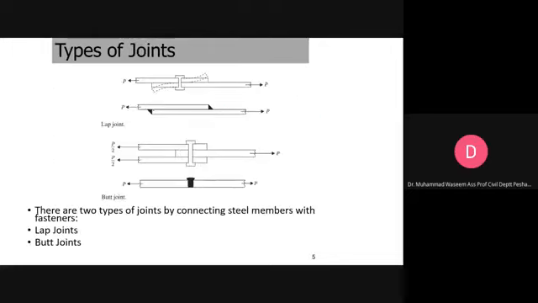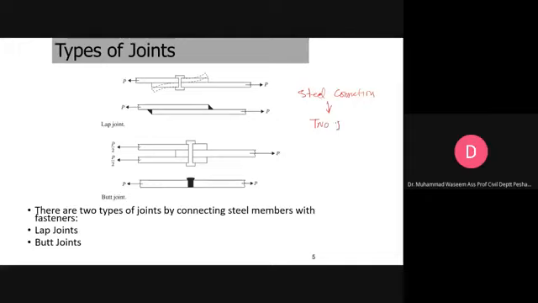When we talk about steel connections, as I told you, you have to join two plates or two members together, or tie two members together. In steel connections we have two types of joints.